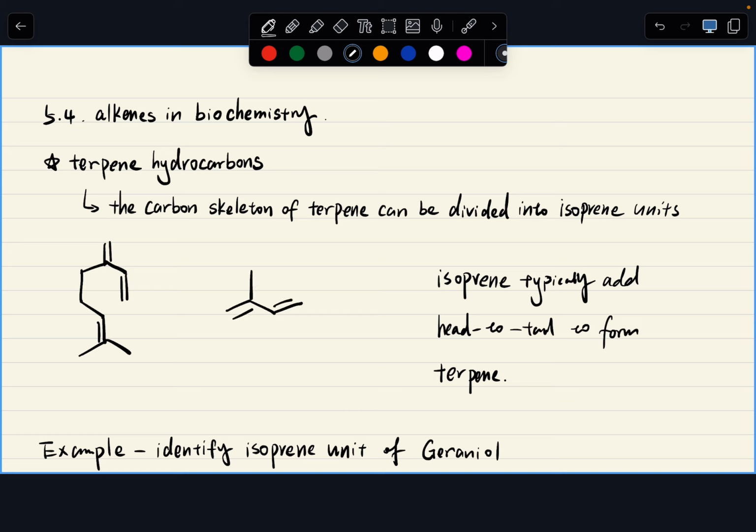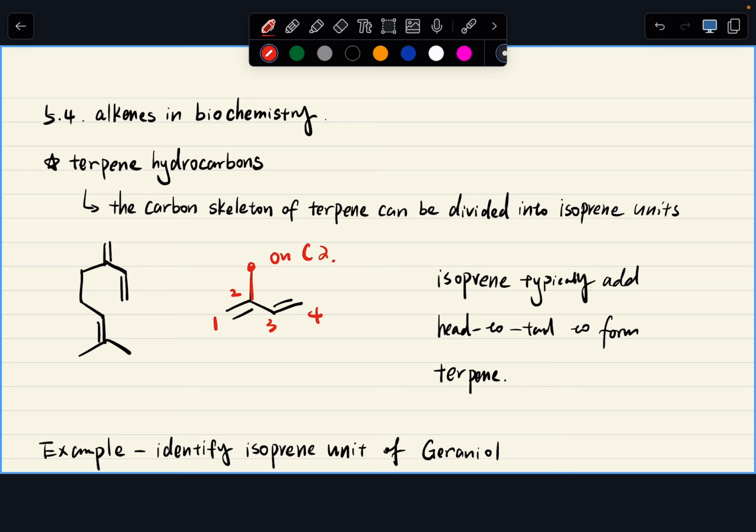When we are looking at the terpene and the isoprene, we are only looking at the carbon skeleton. For example, in this case, if we're counting the isoprene, we have 1, 2, 3, 4, that's your main chain, and on C2, you have an additional carbon.